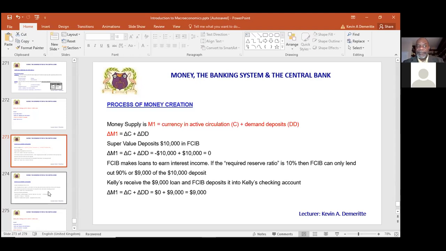When you use your debit card, the money went from your account to Super Value, from Super Value to the commercial bank. All we see is the money moving from the bank, going to Super Value and back into the bank. Nothing would have changed at this stage in the money supply. 10,000 left the bank to pay Super Value, and 10,000 came back into the bank from Super Value. The money supply wouldn't have changed at all.